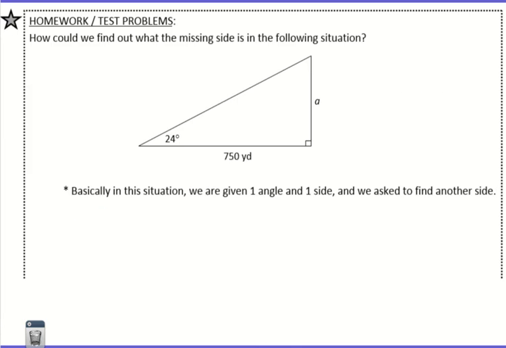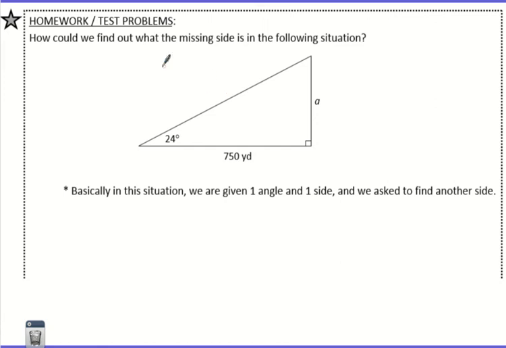So, kind of a new kind of problem. How could we find out what the missing side is in the following situation? So we know that this angle is 24 degrees. The adjacent leg is 750. We don't know the opposite leg, and we don't know the hypotenuse. So here's the thing. Hopefully you realize this pretty quick. We cannot use the Pythagorean theorem to figure out a, right?